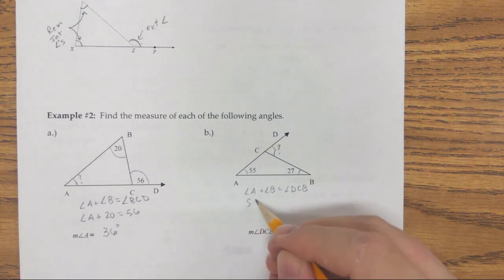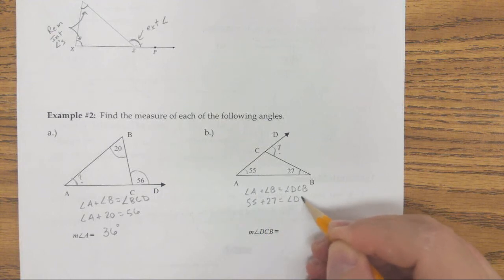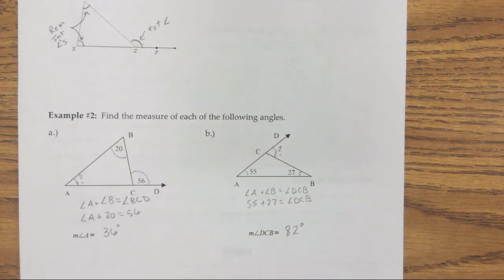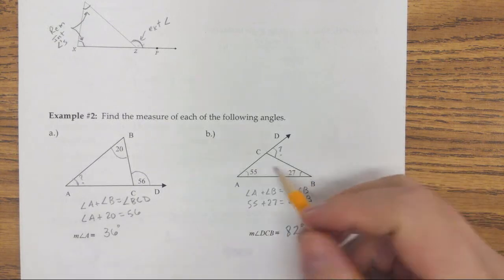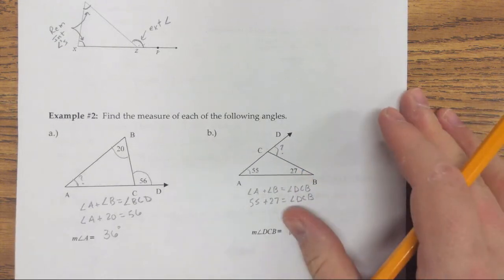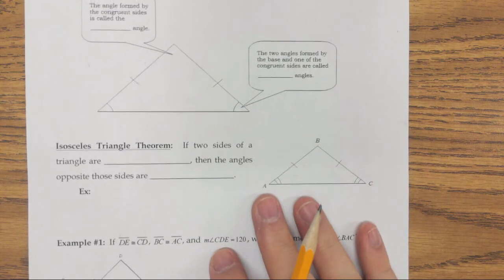That means 55 plus 27 equals angle DCB. 55 plus 27 is 82 degrees. That's all there is for that. Just these two remote interior angles are equal to the exterior angle. Alright, moving on.